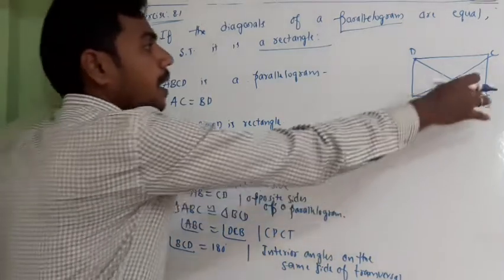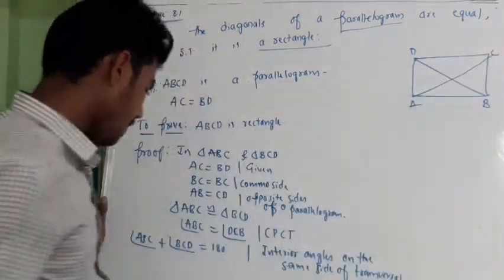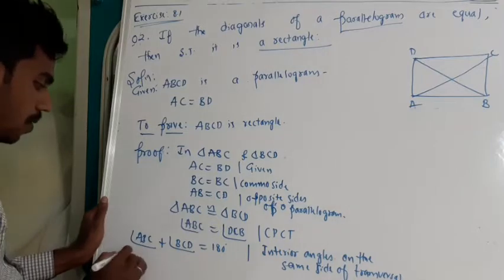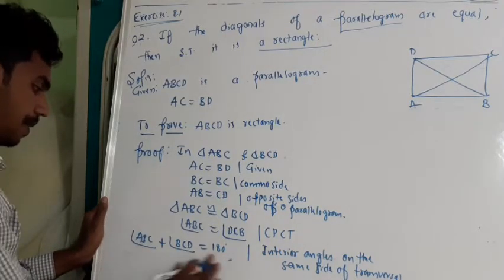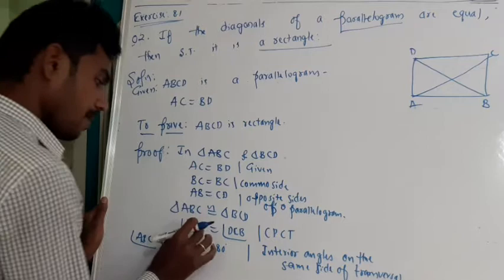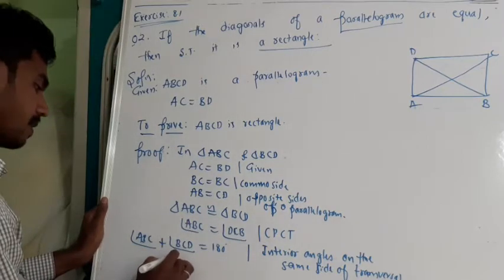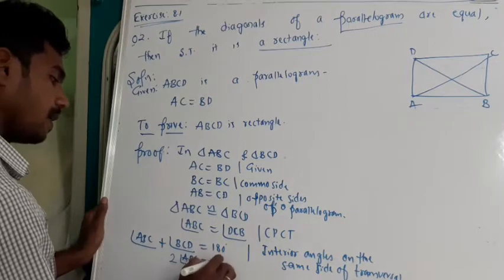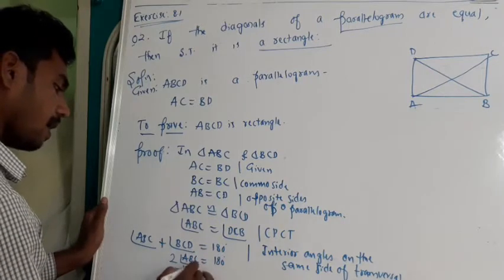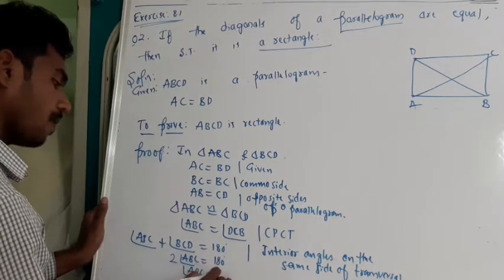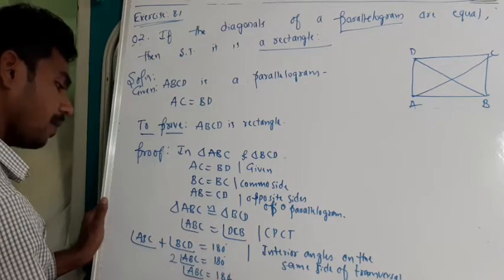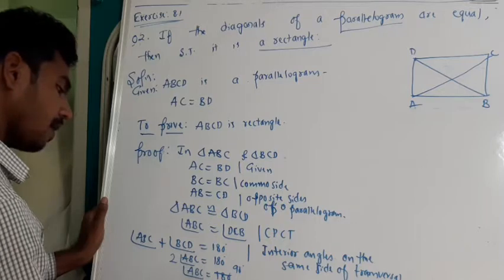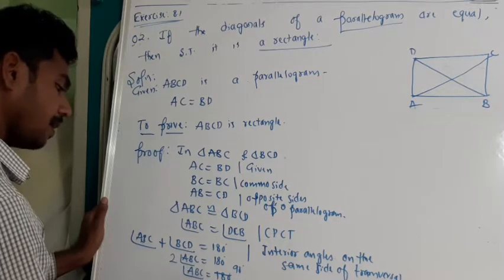If I consider AC as a transversal, angle B and angle C are the angles on the same side of the transversal, and that will be equal to 180 degrees. So now we proved ABC is equal to DCB. I can write it as 2 angle ABC is equal to 180 degrees, or else angle ABC is equal to 180 by 2, which is 90. So angle ABC is equal to 90 degrees.